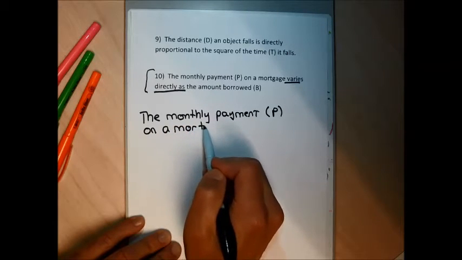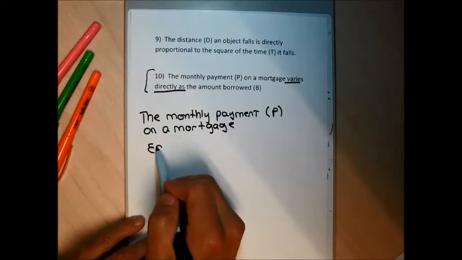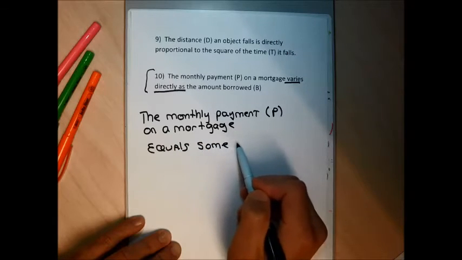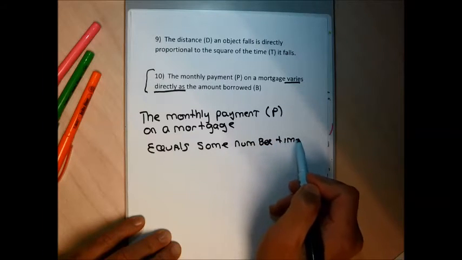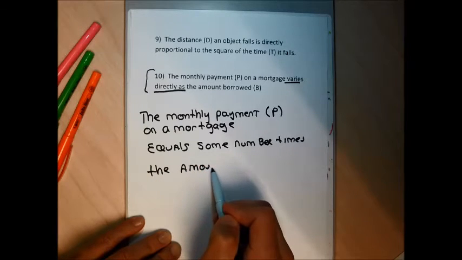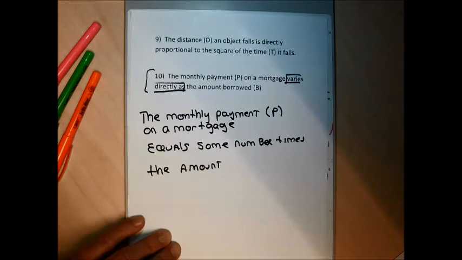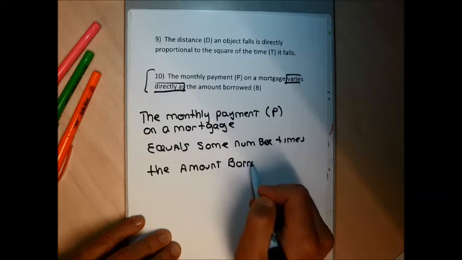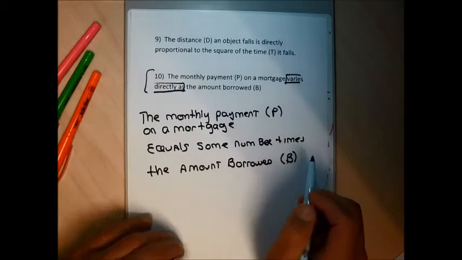There's a lot of words right there, and all those words are going to simplify down to just one symbol, and then equals some number times the amount borrowed B. When I rewrote this problem with the various words cleaned up, I broke it into 3 pieces, because each one of those pieces shows up as just one symbol in my problem.